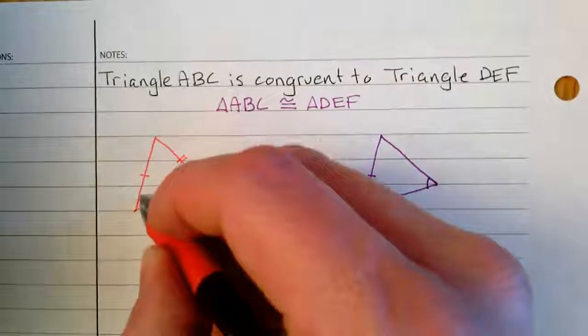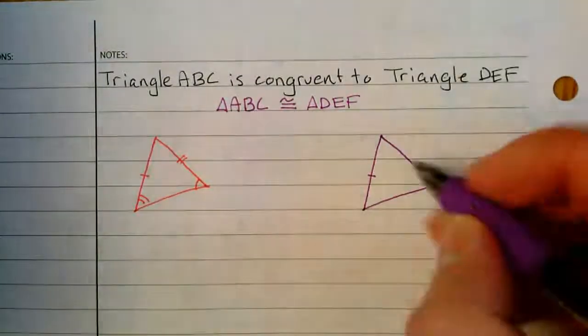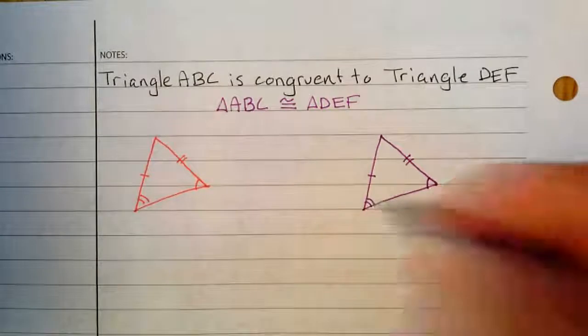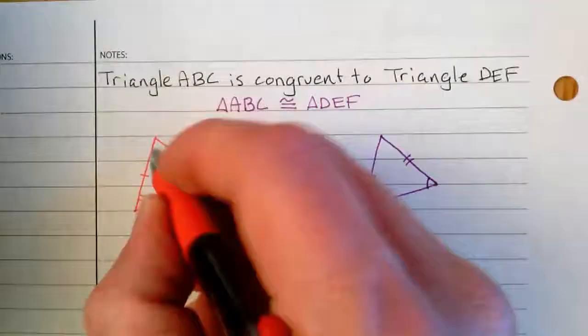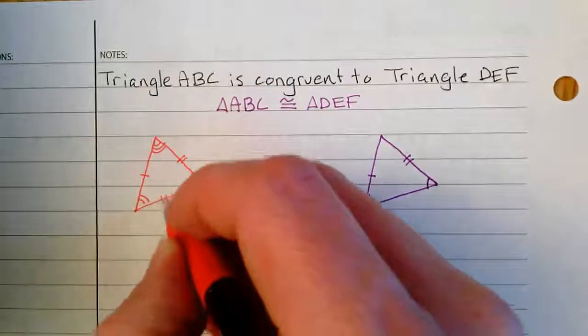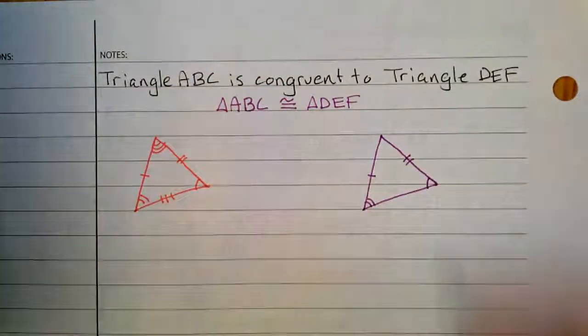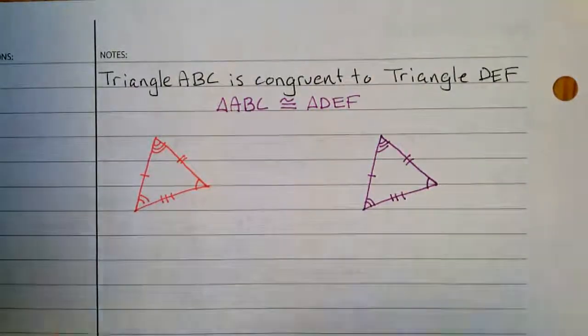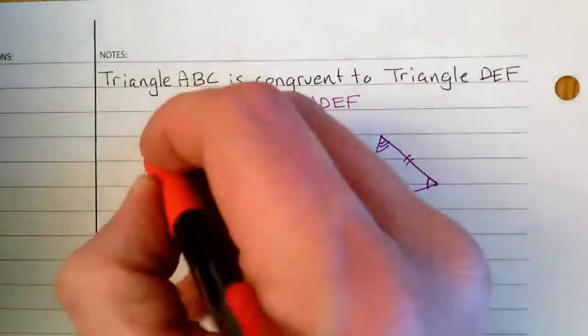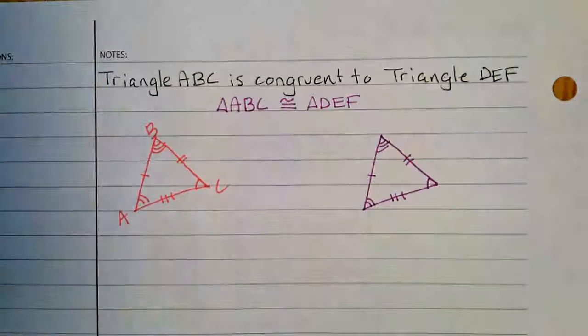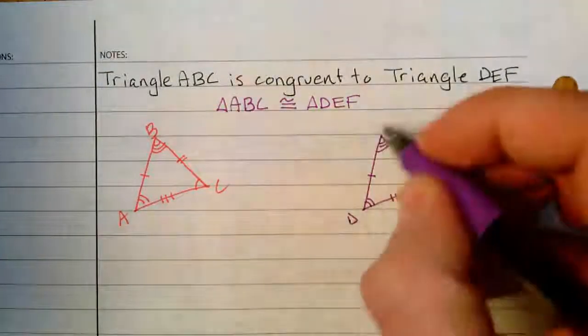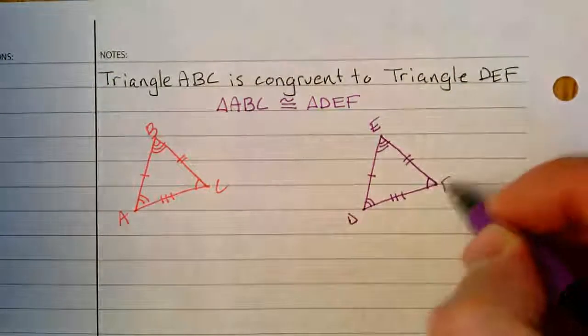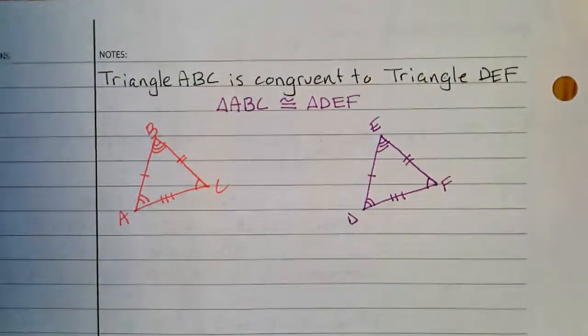And I'll mark this side and this angle, and this side and this angle. Oh, and I should call them A, B, C, D, E, F.